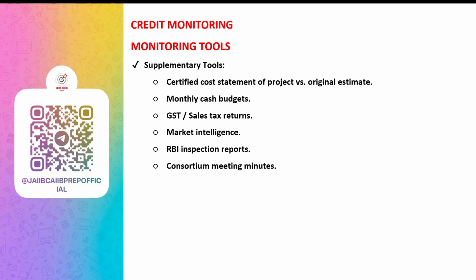Then we have additional supplementary tools like certified statements of actual cost versus projected cost. So for project loans, actual expenses are compared to the original cost estimates. Monthly cash budgets to monitor expected cash inflows and outflows.